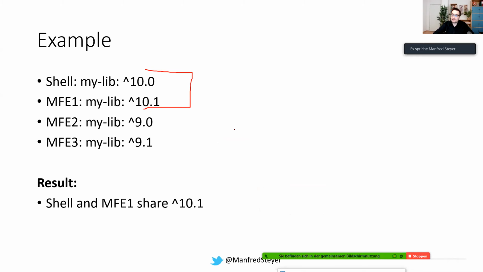And this is only loaded once. And also, as you can imagine, MFE 2 and 3 get version 9.1 because this is the highest compatible version for them. So at the end of the day, this is about doing a bit of math to determine the highest compatible version. Default behavior.